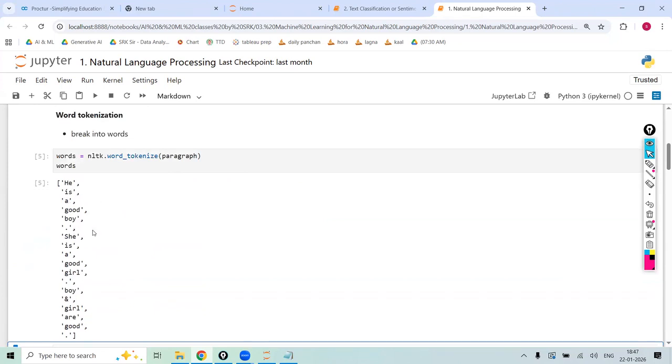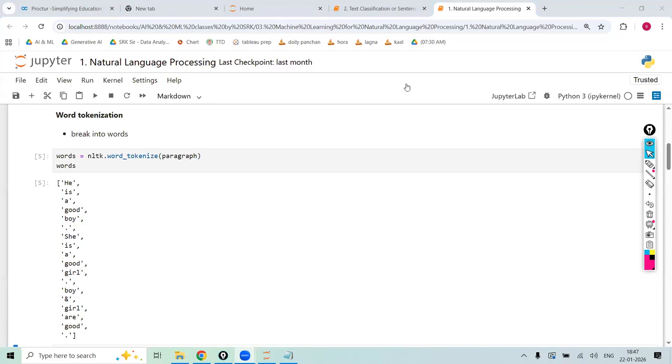If you remember the string dot split from the initial classes, the split gives the output as a list of things.